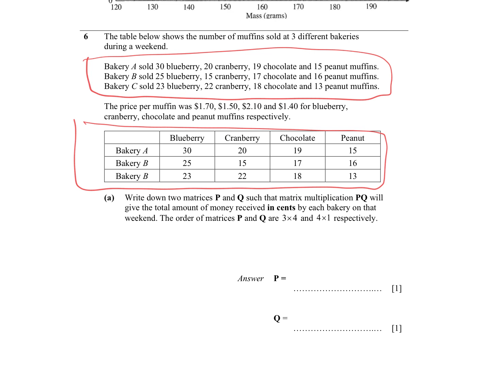So P must be a 3 by 4 and Q must be a 4 by 1. So by using this, we can know that this must be P. Yes, so just copy that. Q is the price.